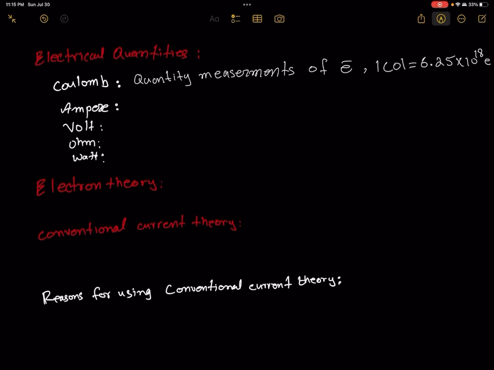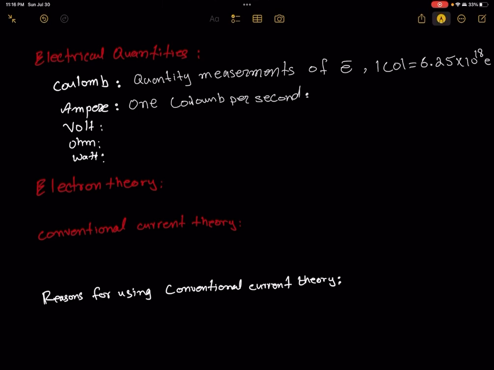Let's go to the amp or ampere. Ampere is defined as 1 coulomb per second. So if you have 1 coulomb per second, that is called an amp.